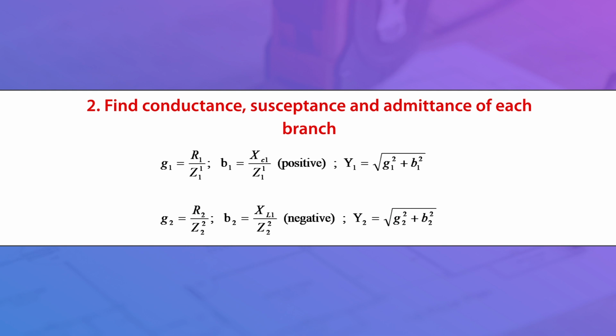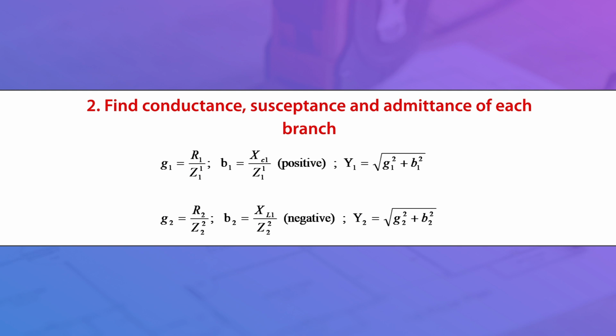And the second step is, you have to find the conductance, susceptance and admittance of each branch. So the conductance G1 for branch 1 can be written as R1 upon Z1 square. Susceptance B1 can be written as XC1 upon Z1 square, which is positive. So Y1, the admittance of branch 1, can be calculated as under root G1 square plus B1 square.